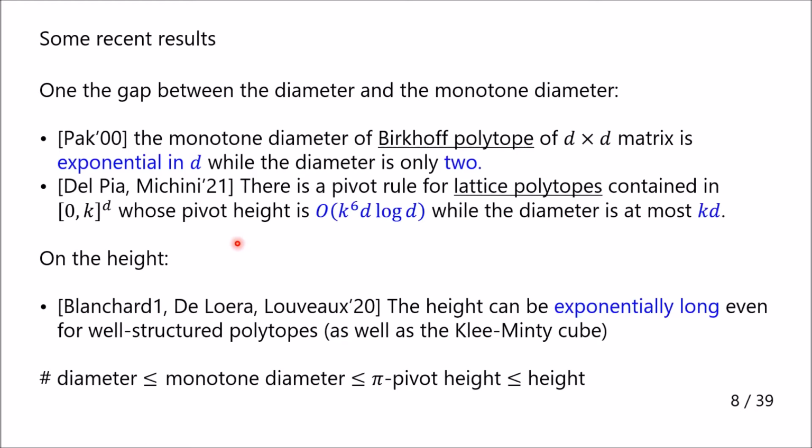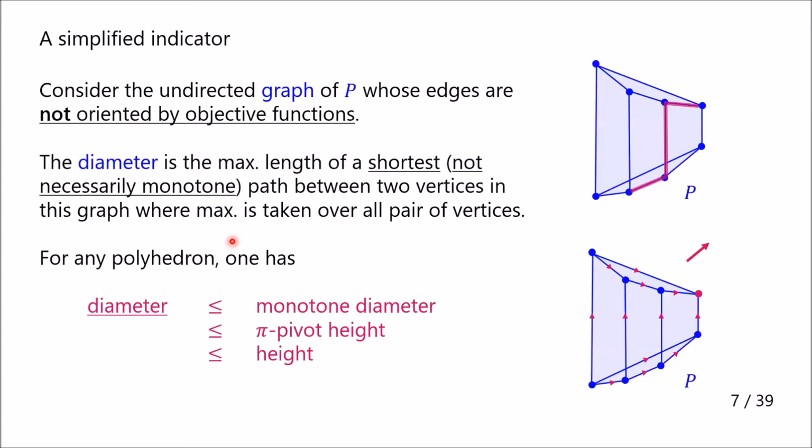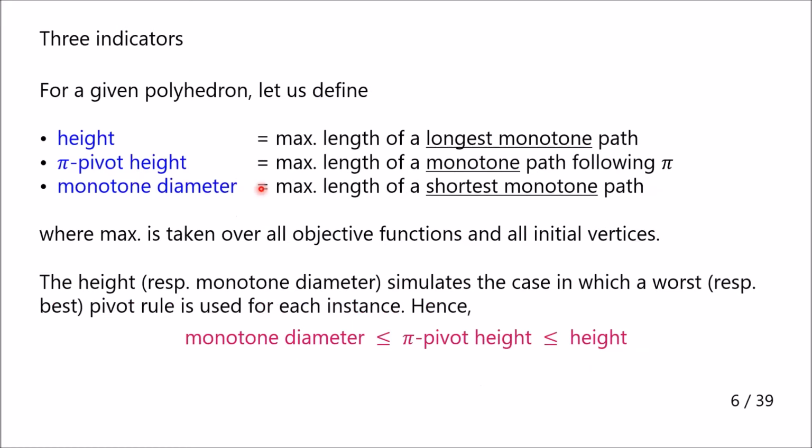So again, what is a pivot height? How is it defined again? Sorry. Okay, this is the definition. So pi pivot height is the maximum length of a monotone path following some specified pivot rule pi. But pi is just given at the beginning, it doesn't change, right?